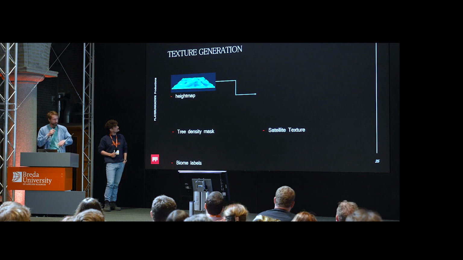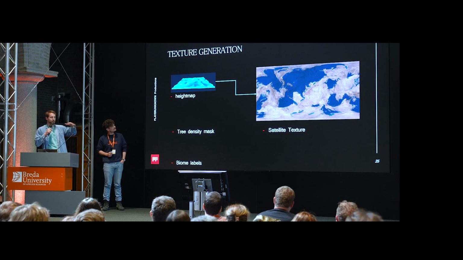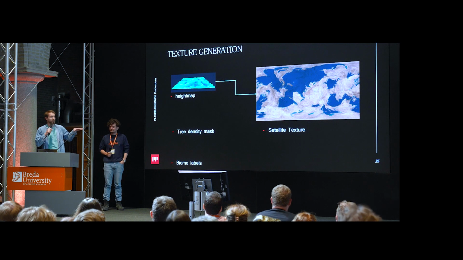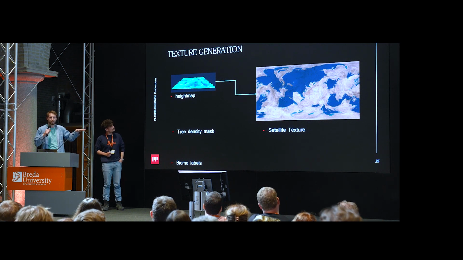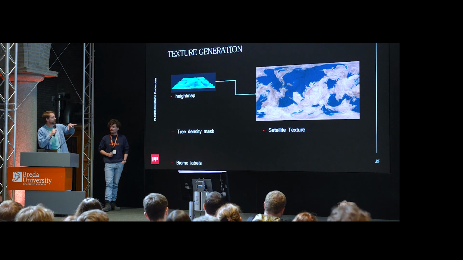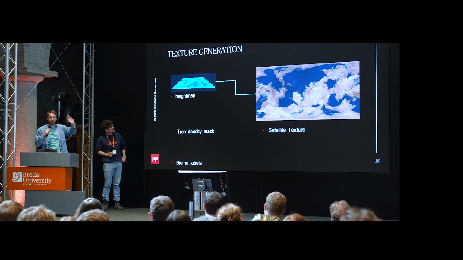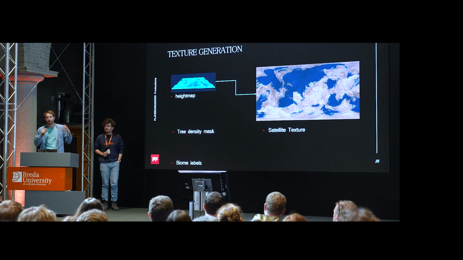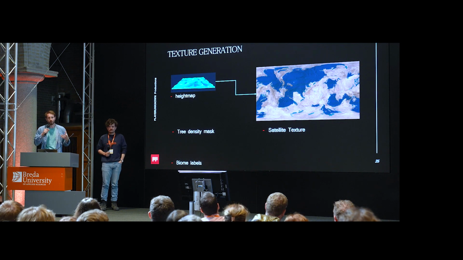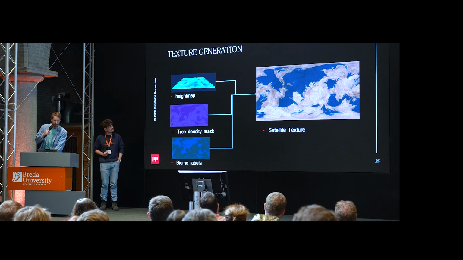And then we also need to generate texture for the satellite view. Initially, we just paired satellite imagery with elevation data and told it to generate a texture. But the problem was that it would generate deserts or forests arbitrarily, 50-50, because the elevation data doesn't have enough information to tell you what the color should be, because there are other climate influences which are really driving that view.